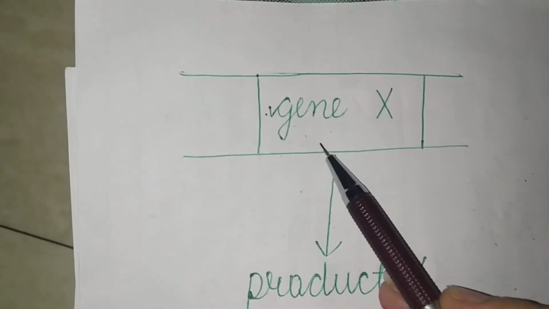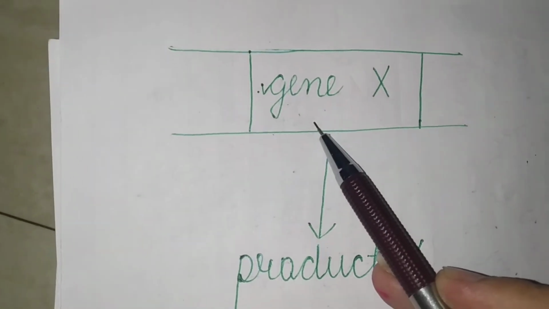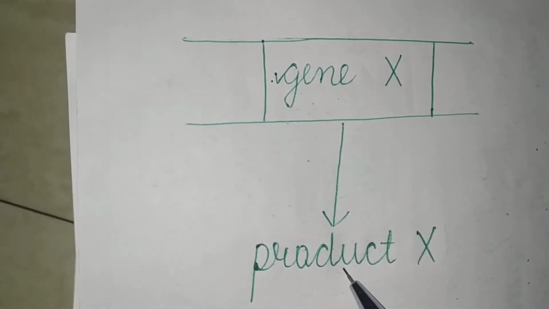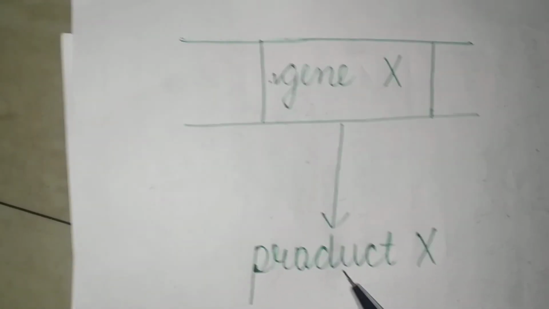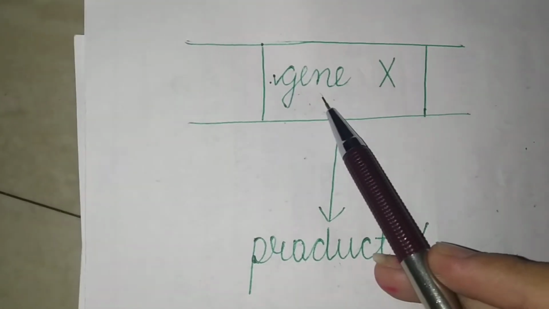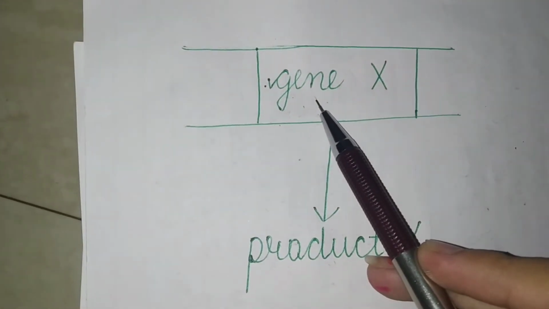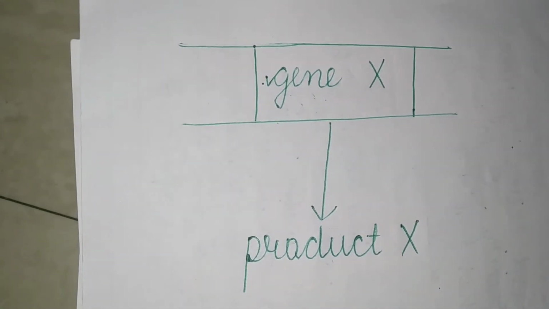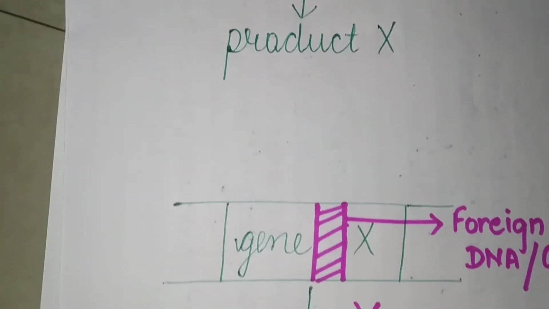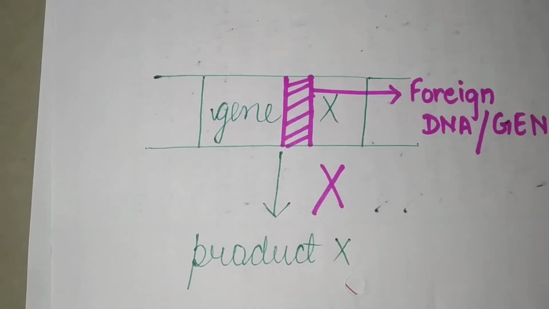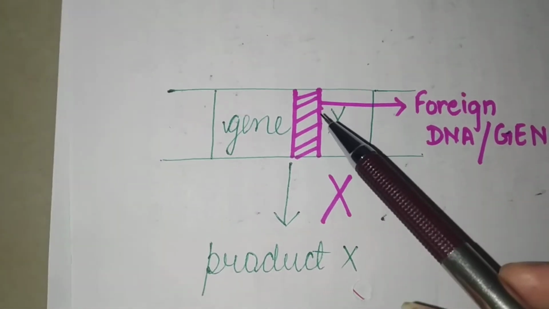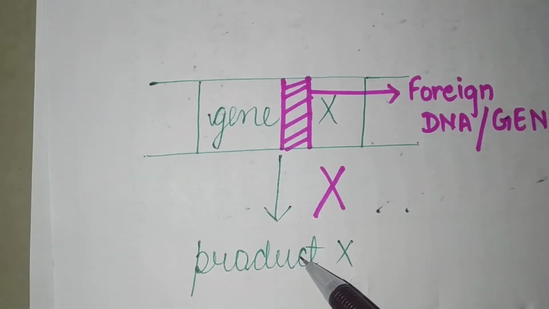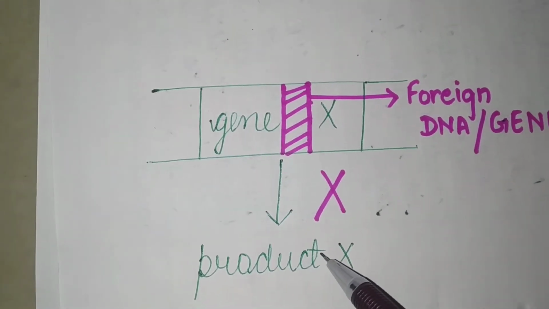Suppose this is gene X and it is responsible for forming product X. What do you think, if we insert any foreign DNA into this structure, will it be able to form the product X? Let's see. On insertion of any foreign DNA into this structure, it will not be able to form the product X. It will lose its expression.